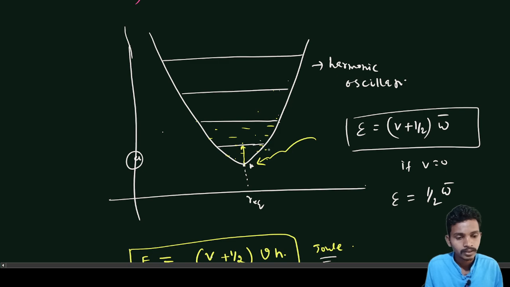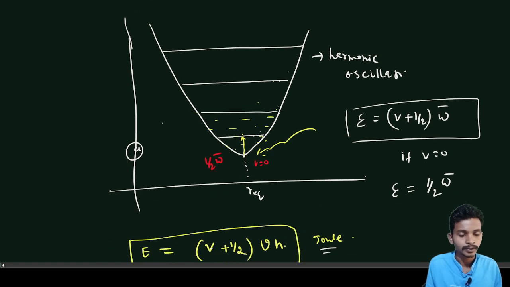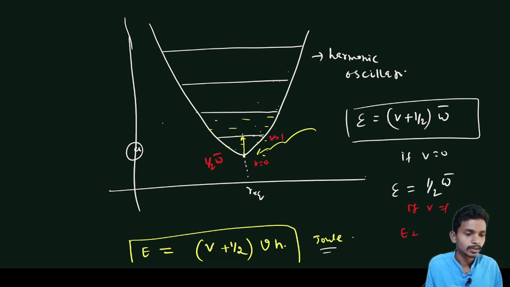So whenever v is 0, the value becomes 1 upon 2 omega naught. And whenever v equals 1, then epsilon becomes 1 plus 1 by 2, that is equal to 3 by 2 omega naught. And whenever v equals 2, then epsilon becomes 2 plus half, that is 5 by 2 omega naught.